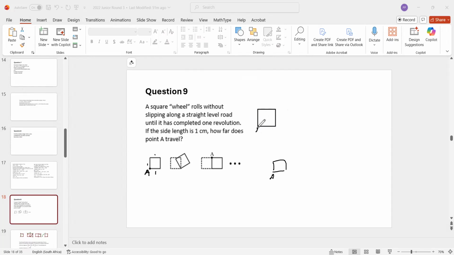So A is here, right? And now suppose this is my road. Now this thing turns around this point. So this whole line comes down like this. You have a rotation until this side comes flat again.